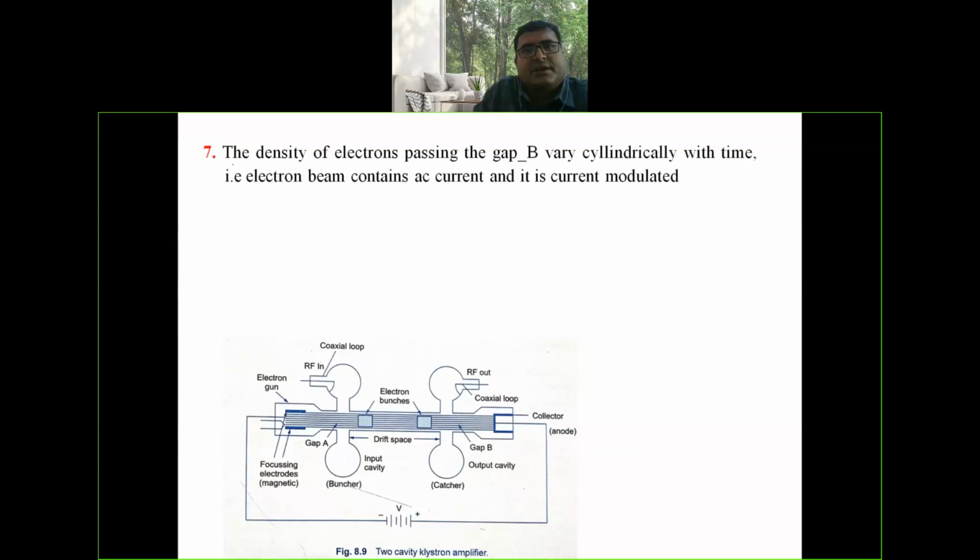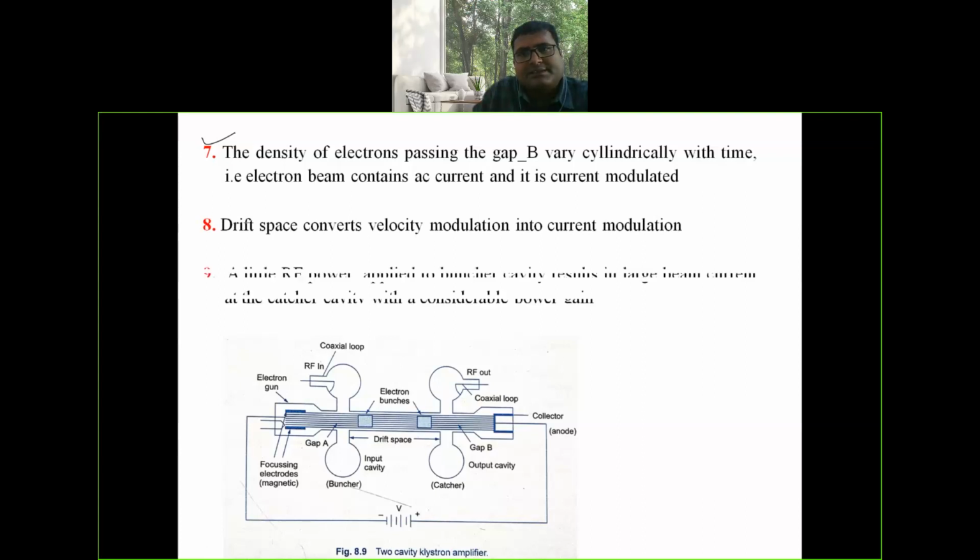For that, we need to refer to point number 7. The density of electrons passing the gap beam varies cyclically with time. That is, the electron beam contains an AC current and it is current modulated. It means the drift space converts the velocity modulation into current modulation.